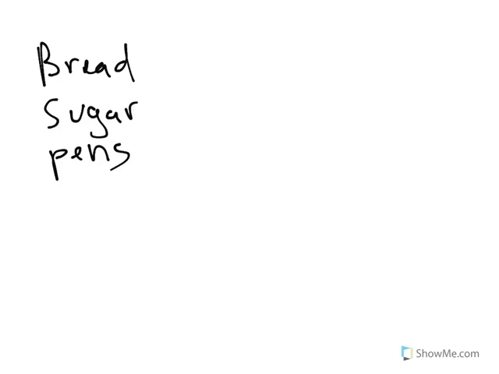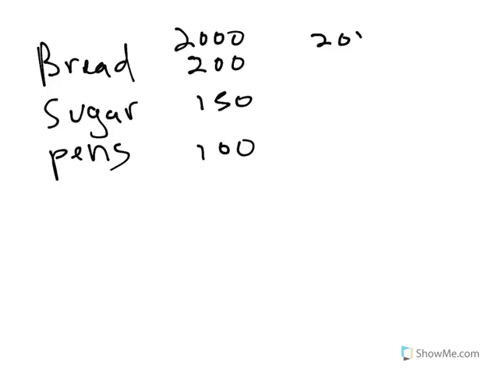Okay, now in 2000, the cost of bread is 200 tenge. Sugar is 150 tenge, and pens is 100. Now, in 2010, the price of bread is 300 tenge, sugar is 250 tenge, and pens goes up to 200. Obviously, you can see that the price of these goods have gone up.